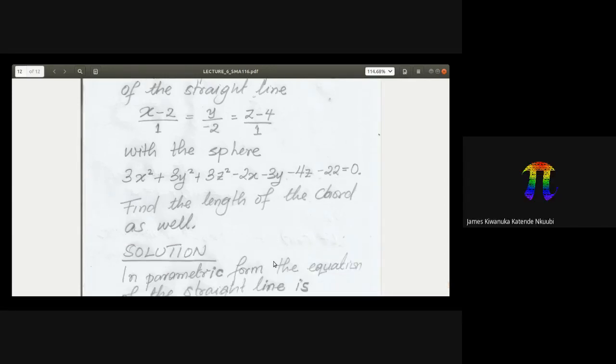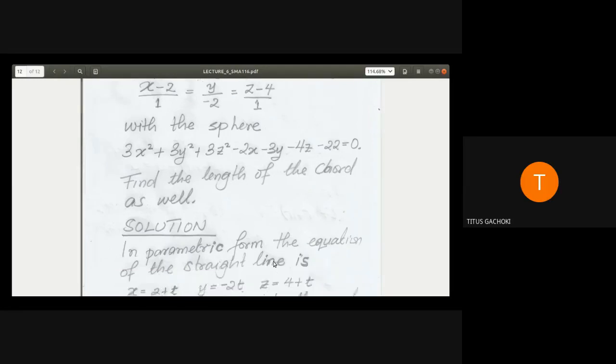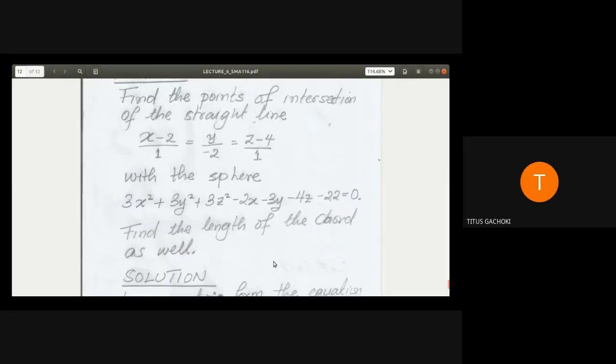I've got like 2 into brackets. No, we just need the point. The only thing required here is 2 points or 1 point, depending on what your answer will be. So I need the 2 points. That's the final answer. You need to have it.